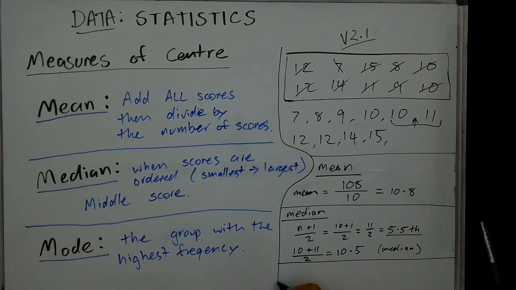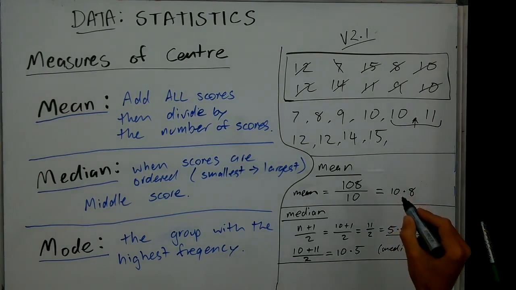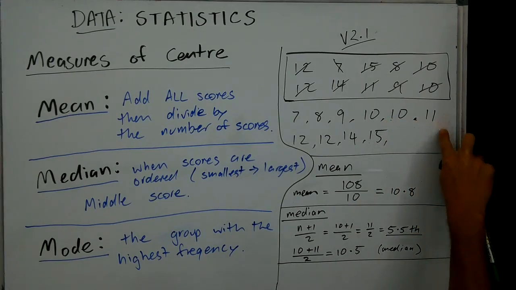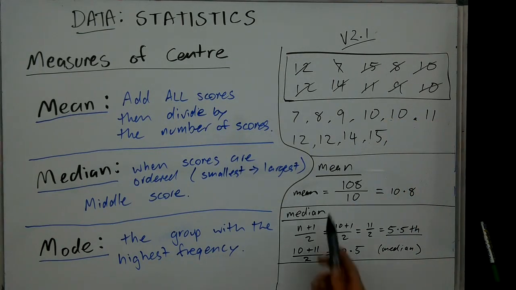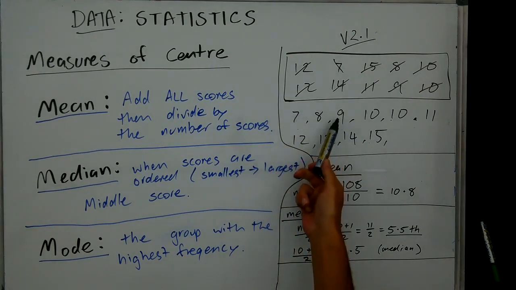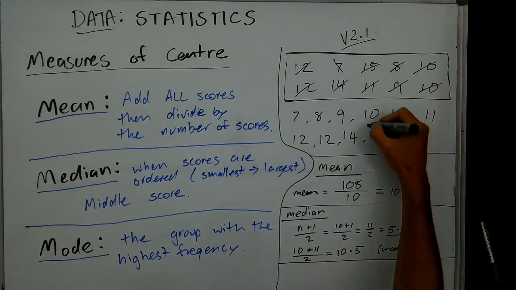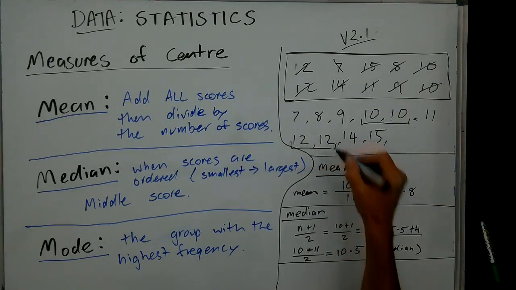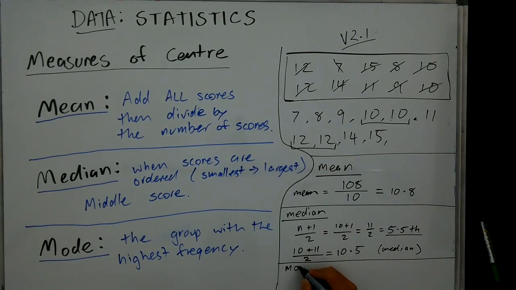And finally, the mode is the score that comes up most often. We've only got one 7, one 8, one 9. We've got two 10s, and we've also got two 12s. For the mode, we have two, and this is what we call bimodal.